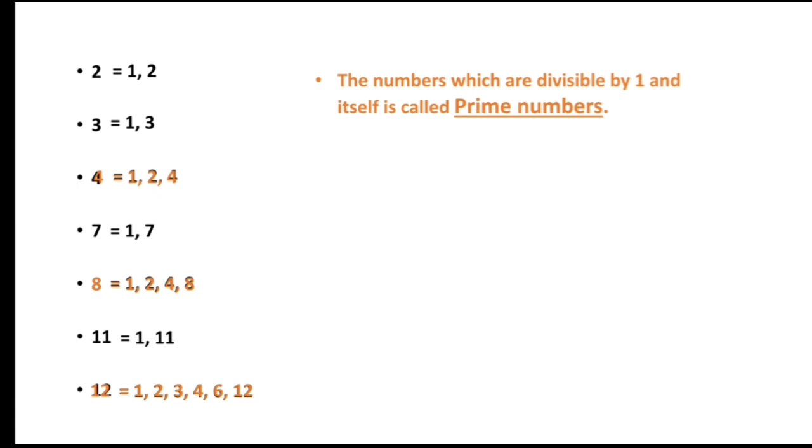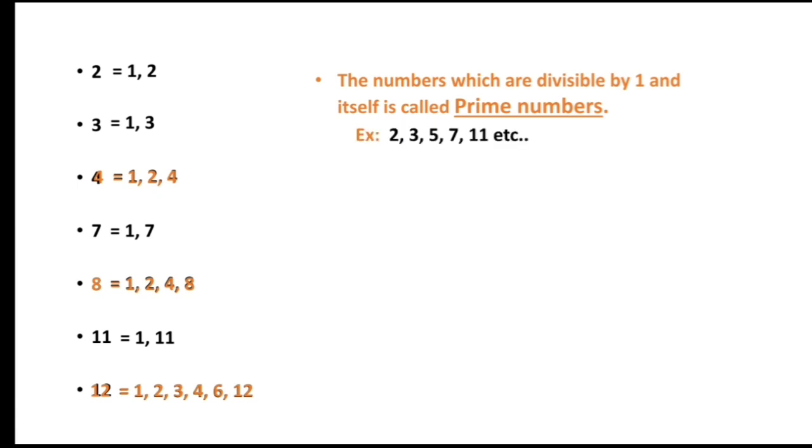If we observe, 4 has more factors than 1 and itself. 8 also has more factors than 1 and 8. 12 also has many factors besides 1 and 12. The numbers which are divisible by 1 and itself only are called prime numbers.